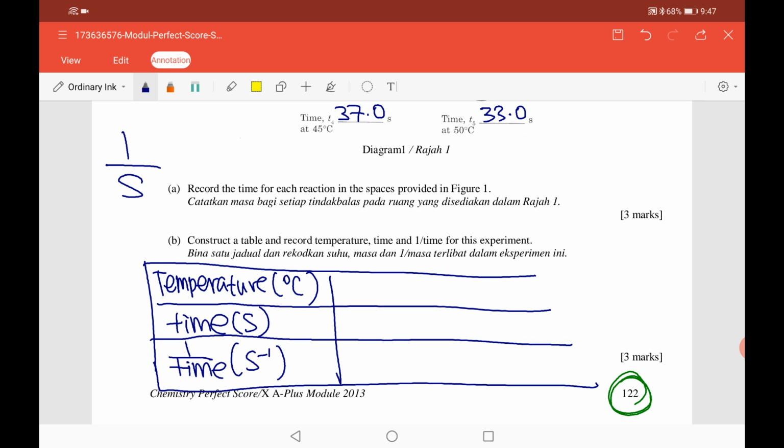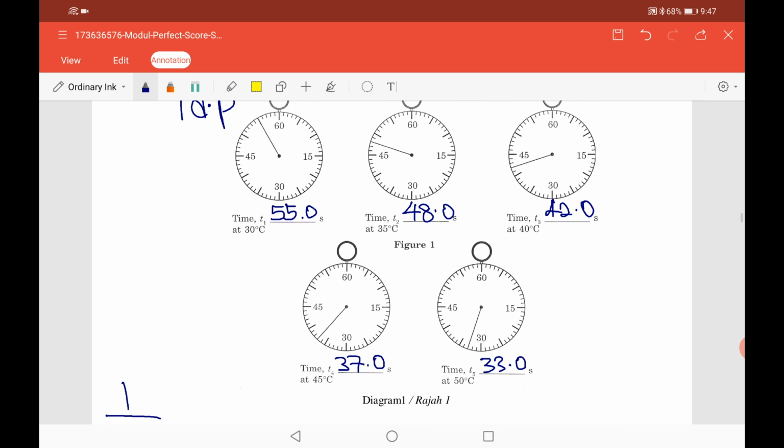The temperatures that we have are 30, 35, 40, 45, and 50. Now some people ask, sir, in this case, for all these temperatures, should we also put 1 decimal point? The answer is no, because you only put 1 or 2 decimal points when you are going to measure the reading.